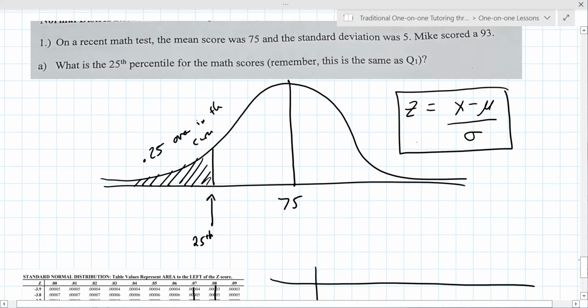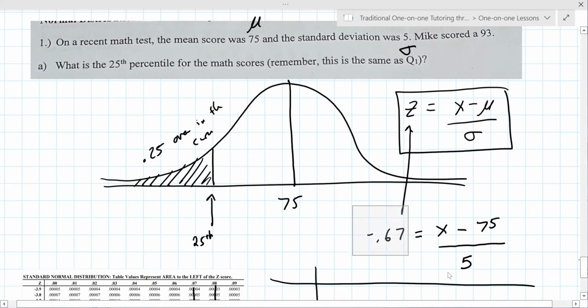So what did we just find from the table? We found the Z value, minus 0.67 equals X minus the mean, which was 75, over the standard deviation, which was 5. So I'm just substituting those numbers into this formula. And then from here, you're just solving for X.